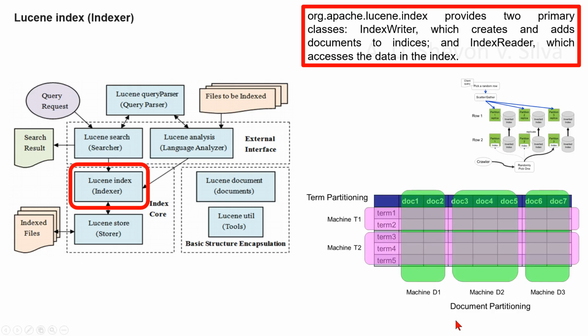Here, for large corpora, you can see document partitioning. For a large corpus like web documents, the index is typically distributed across multiple machines. There are two models of distribution: term partitioning and document partitioning. In document partitioning, documents are randomly spread across different partitions where the index is built.